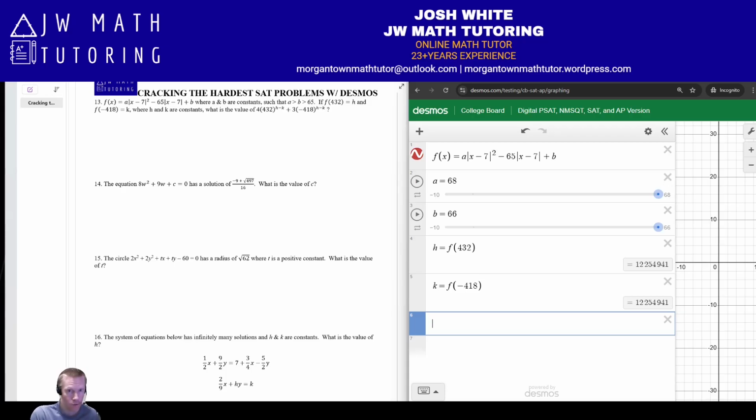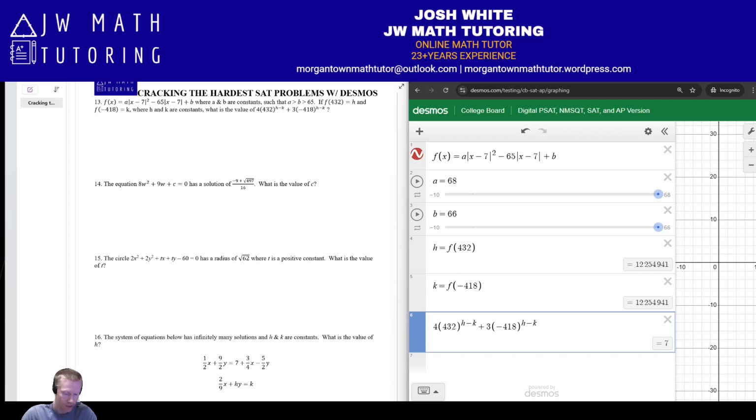So now, what's the value of 4 times 432 to the h minus, you gotta be careful. For some reason with exponents, it's a pain to type in when you want to add or subtract something, and then plus 3 times negative 418 to the h minus k, and there is our answer. The answer is positive 7.